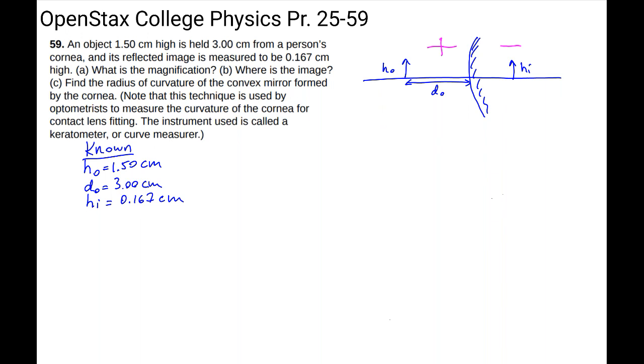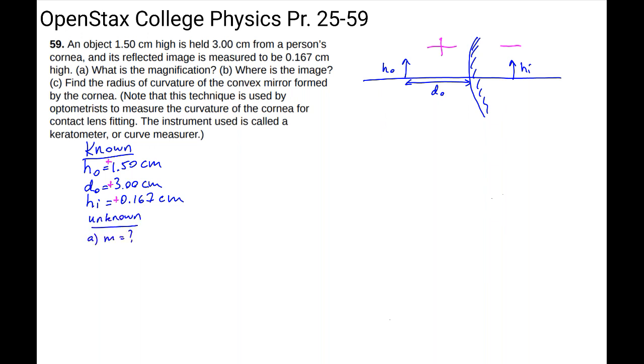Just to remember that we did look at these signs, I'm going to put a plus here, plus there, and keep in mind that we have to always check that those distances the problem gives us are positive or negative. All right, now what we don't know, the unknowns, are the magnification, so that is just M.